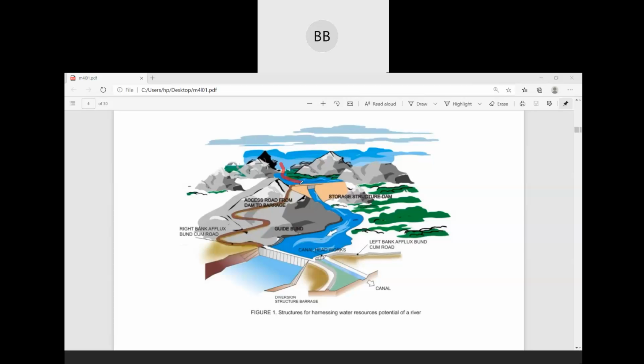So here we have constructed a dam. We have constructed a dam and then we stored the water here. So this is our reservoir. This dam is a storage structure because when we construct the dam, we are also storing that water in the upstream section.